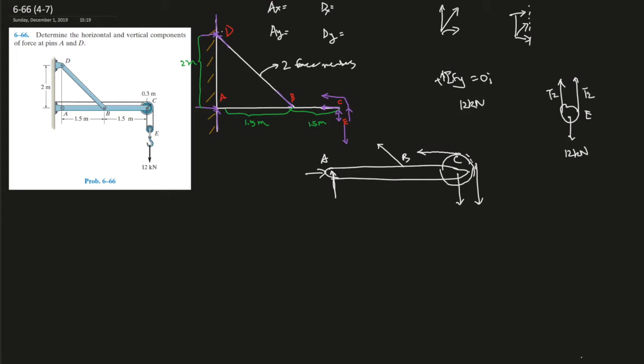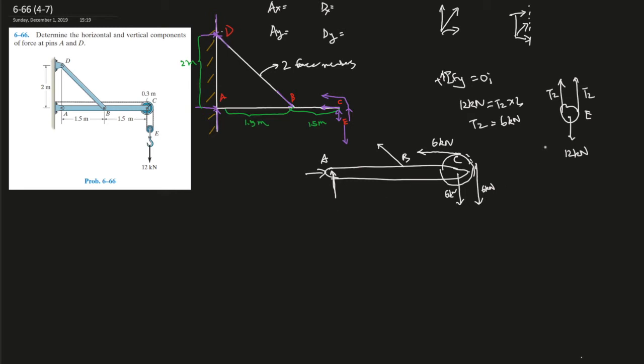So this is also T2 because they're the same. Equals T2 times 2. Therefore, T2 is 6 kilonewtons. So that means this is 6 kilonewtons, and this is 6 kilonewtons, and this is 6 kilonewtons.